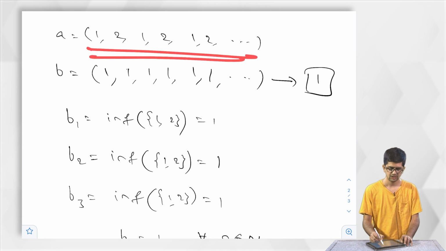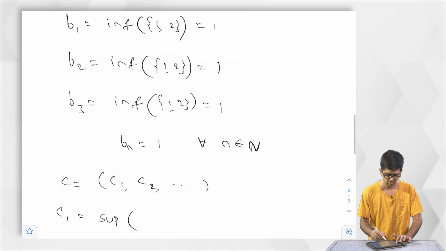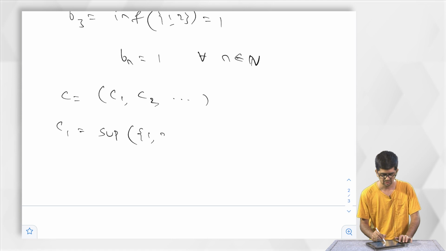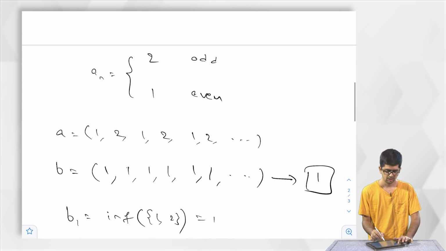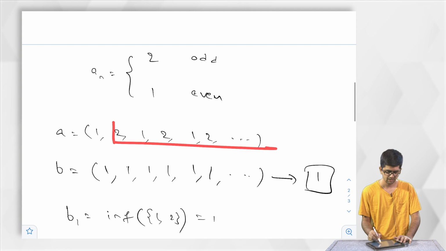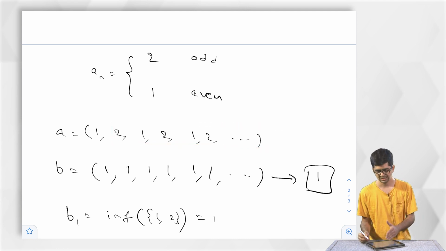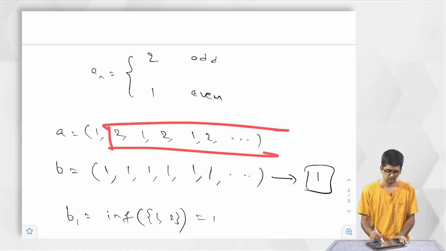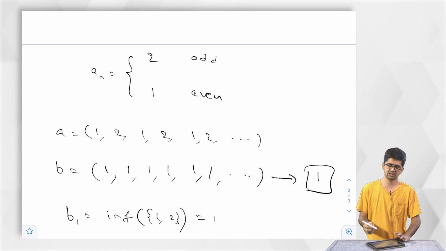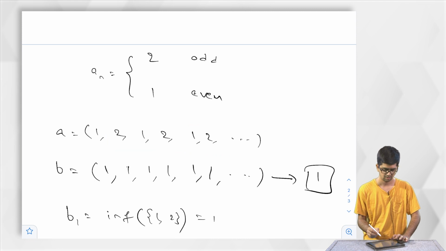This sequence image is simply 1 comma 2, let me write down that 1 comma 2, supremum is 2. For C2 again I have to start it here, take the corresponding sequence, take the image and the supremum. If I start at 2, the image of this is simply again 1 comma 2, supremum is 2.